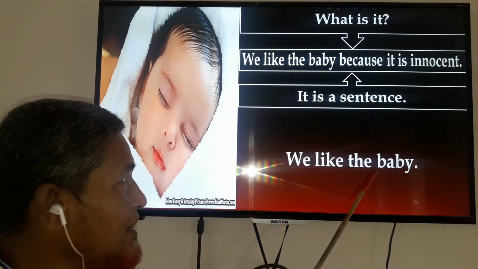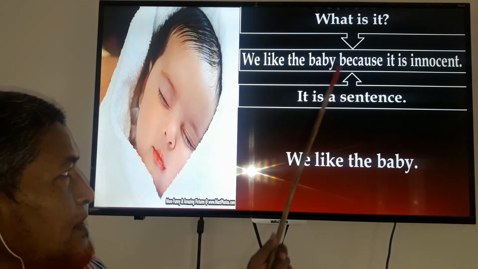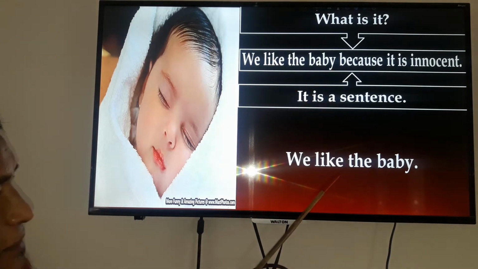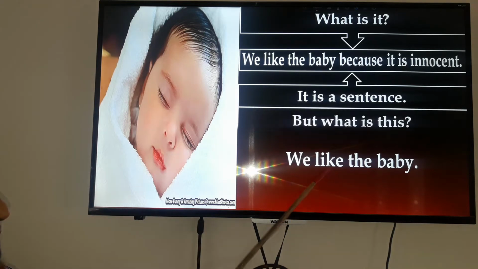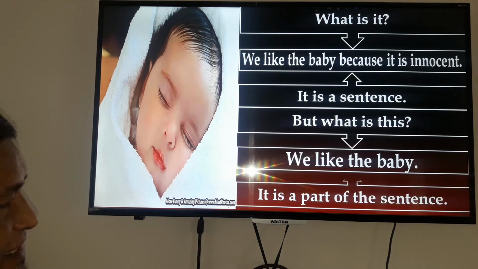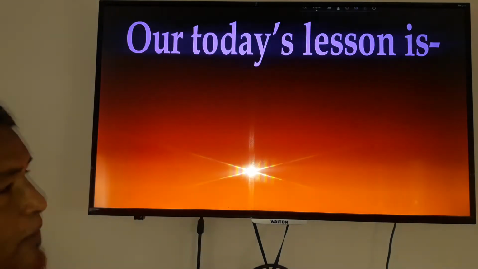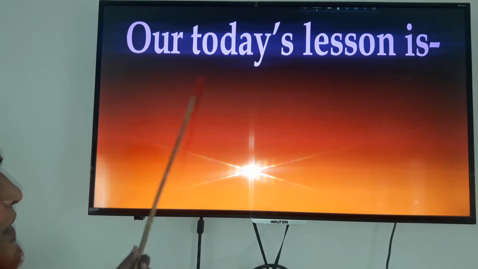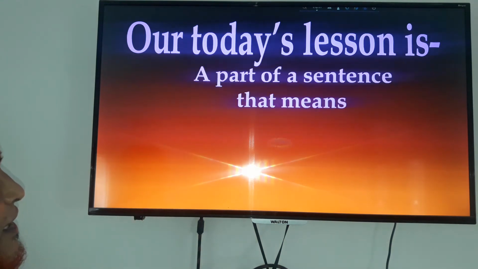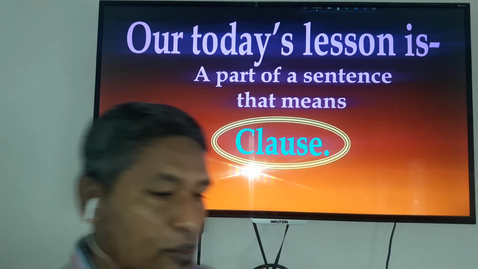We like the baby is a part of a sentence. So our today's lesson is a part of a sentence, that means clause.